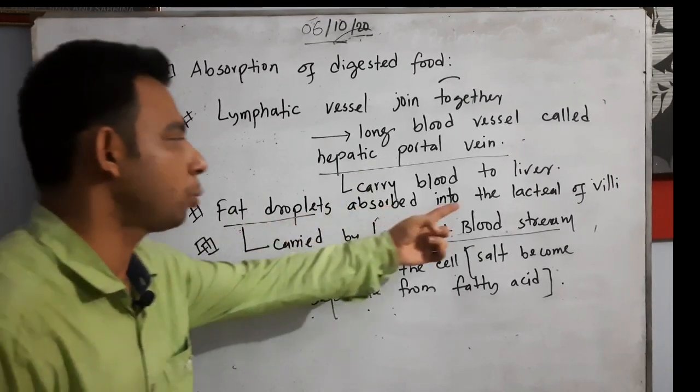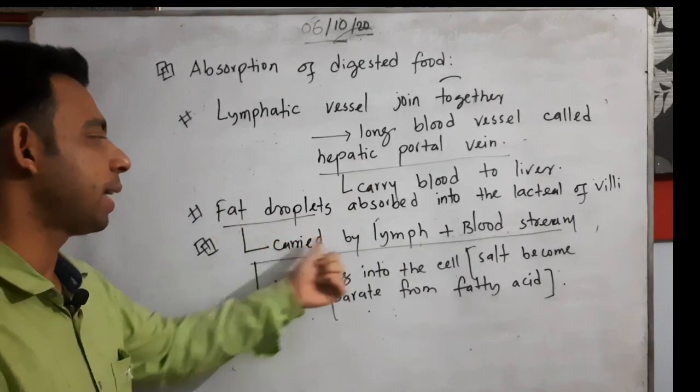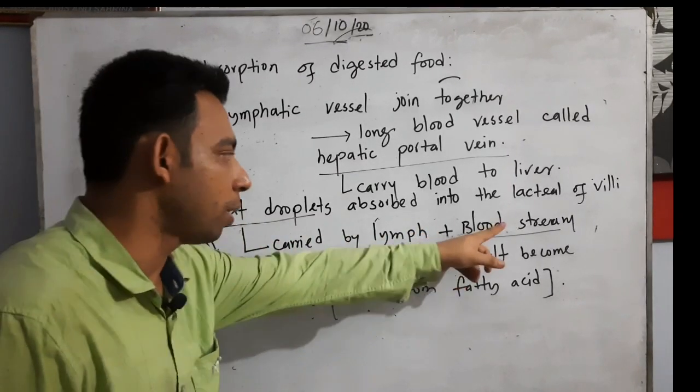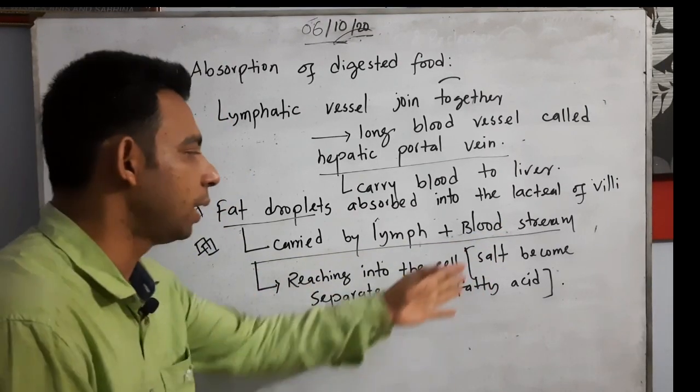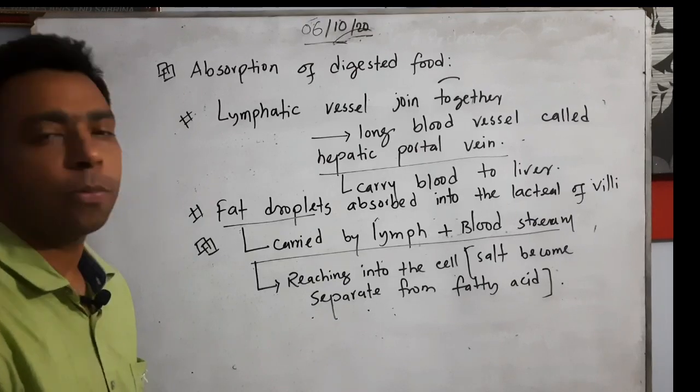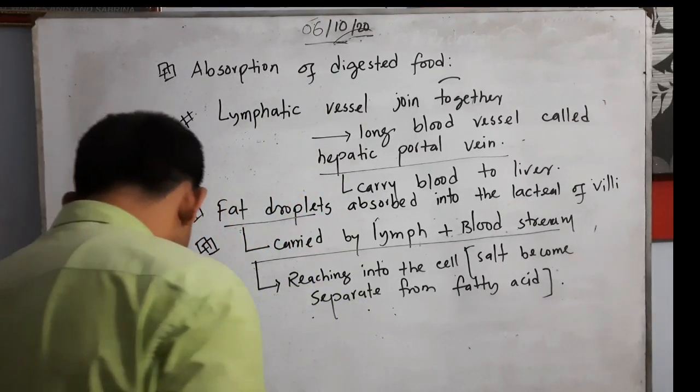Fat droplets are absorbed in the lacteal of the villi, and these fat droplets are carried by the lymph and mixed with the blood stream. When they reach the cell, the salt becomes separate from the fatty acid. This is also a very important thing to understand.